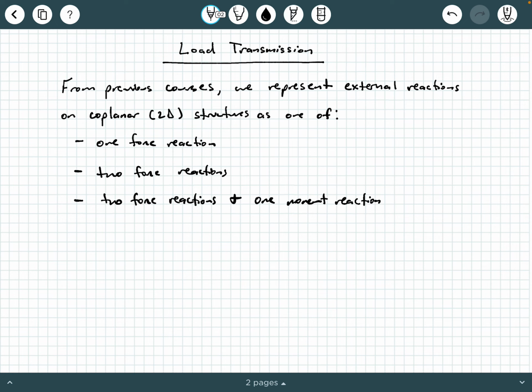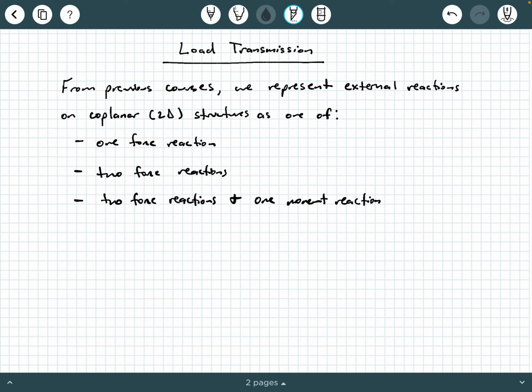We commonly see this in the form of a roller type of support with one force reaction, an external pin if you have two force reactions, and then a fixed connection if you have two force reactions and one moment reaction.